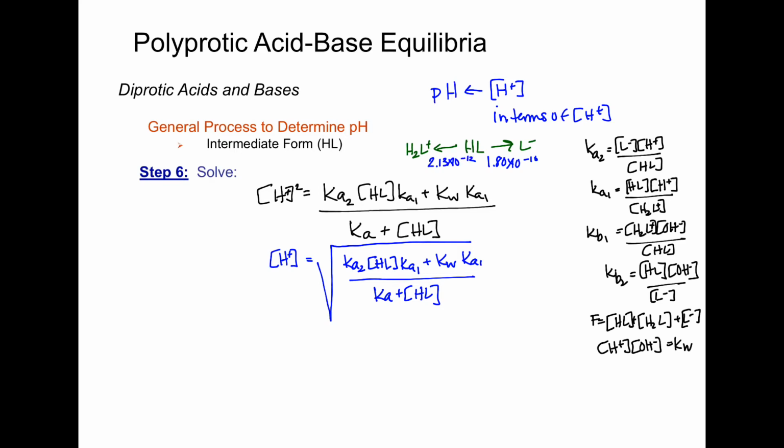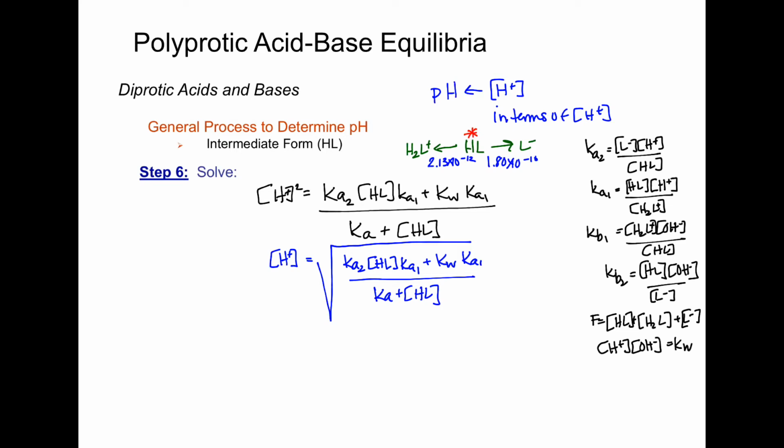So if you look at the relative numbers here, times 10 to the negative 12th going in this direction, times 10 to the negative 10 going in this direction, neither of those are big numbers. Those are both really small numbers, which means that whatever concentration we have is going to mostly reside in this form.